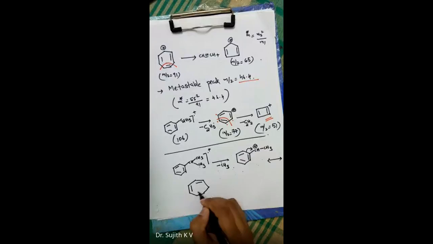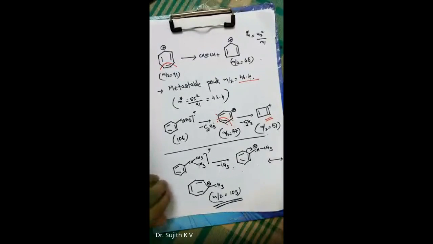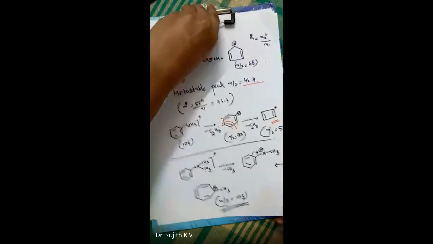Please work it out on your own. You will get it neatly, as I have explained in the case of tropylium cation. You can get the species for sure, and the M by Z value will be 105. And this is the normal fragmentation method in the case of aromatic hydrocarbons.